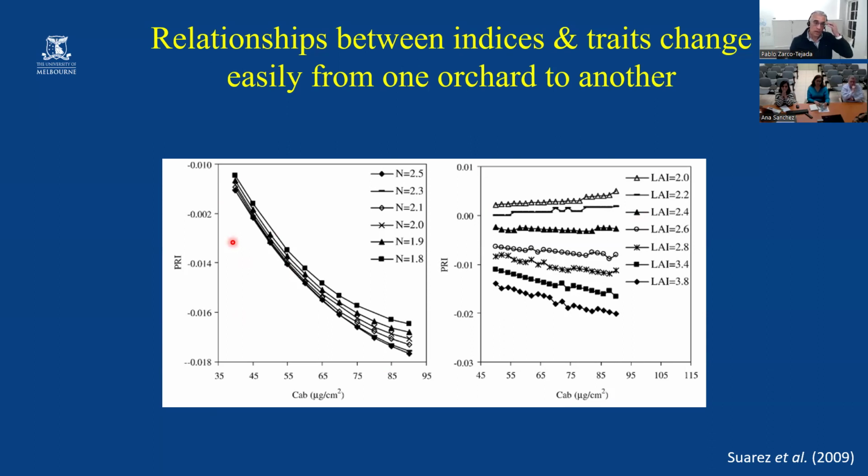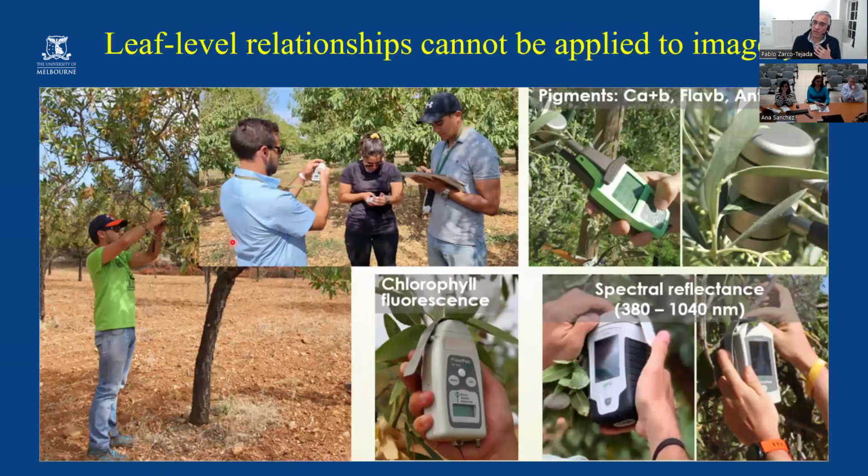The same thing happens with leaf level versus canopy level. This is collecting data in the field at the leaf level. This is the team of Blanca and Juan Antonio, in the field in different campaigns while we were flying. Anything that we do at the leaf level is very useful, but it cannot be applied directly to the image level.